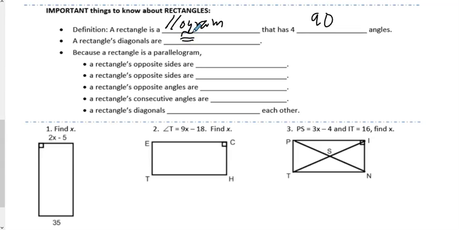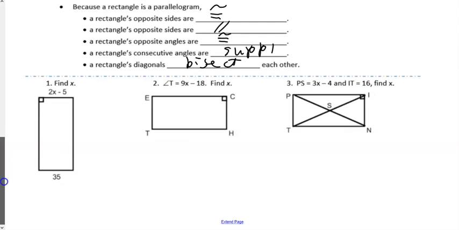Because a rectangle is a parallelogram, the opposite sides are congruent and they are parallel. The opposite angles are congruent. The consecutive angles are also supplementary. And the diagonals bisect each other. So the rectangle is a more specific parallelogram, so it has all of the components of a parallelogram.